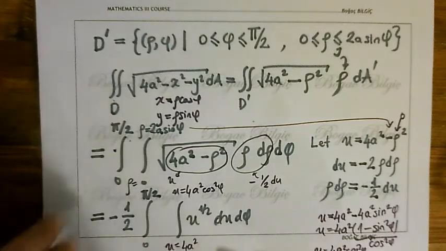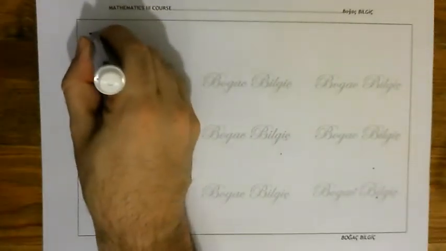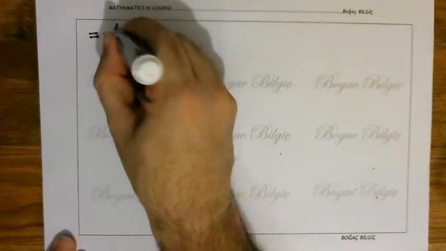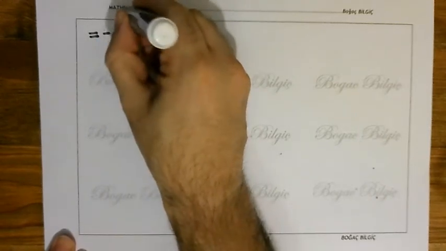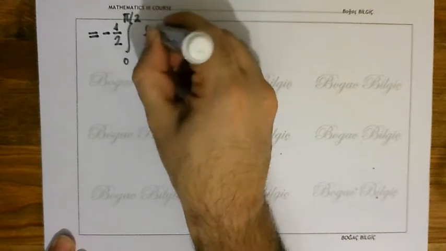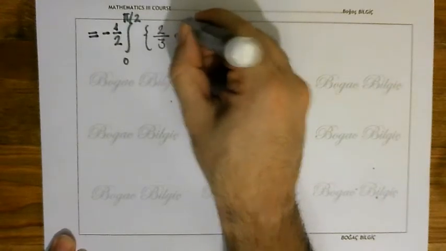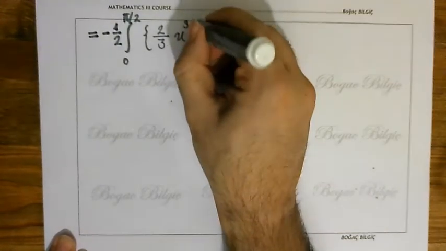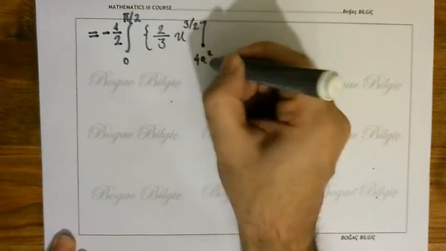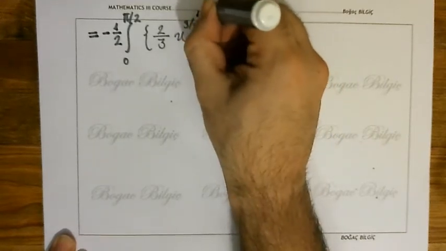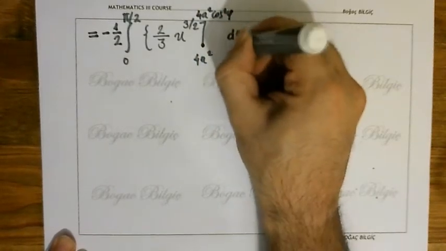Now we calculate easily. Minus 1/2 from 0 to π/2, 2/3 u^(3/2), from 4a² to 4a² cos² φ dφ.